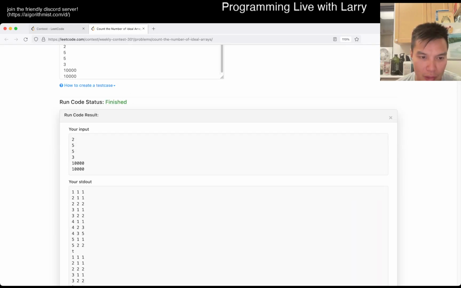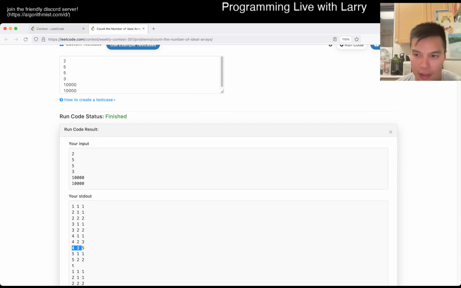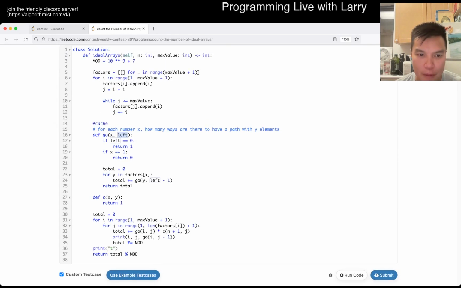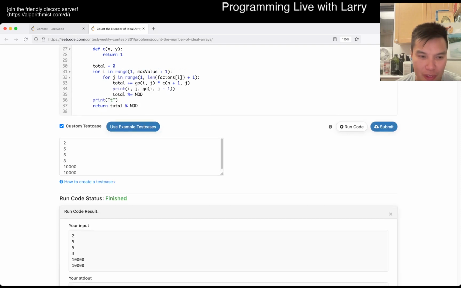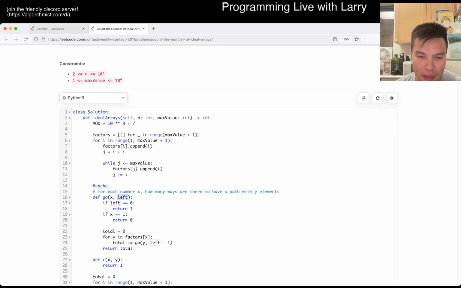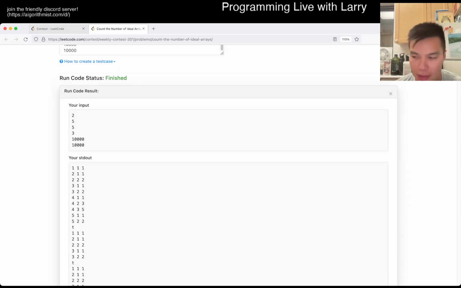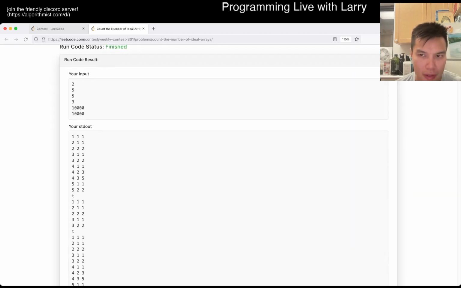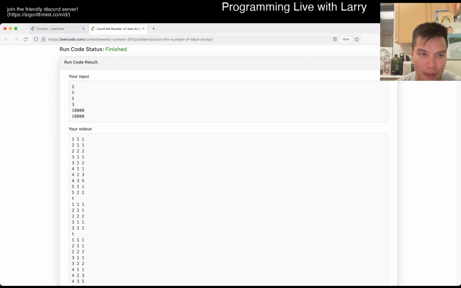Okay, here, 4 and 3. What's 4 and 3 again? For number 4, how many ways are there to have 3 elements? For the number 4 in the path of 5. That's weird, right? Basically, to have 1 element would be 1 way, okay, because it's just 4.